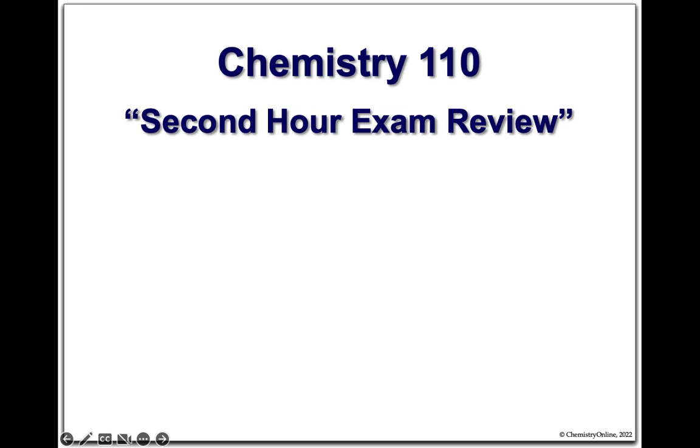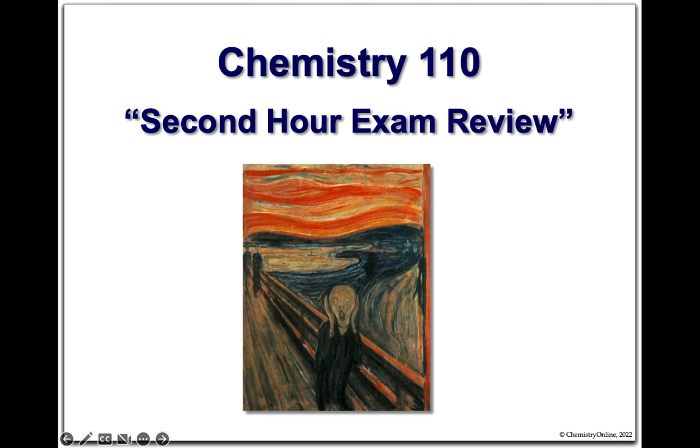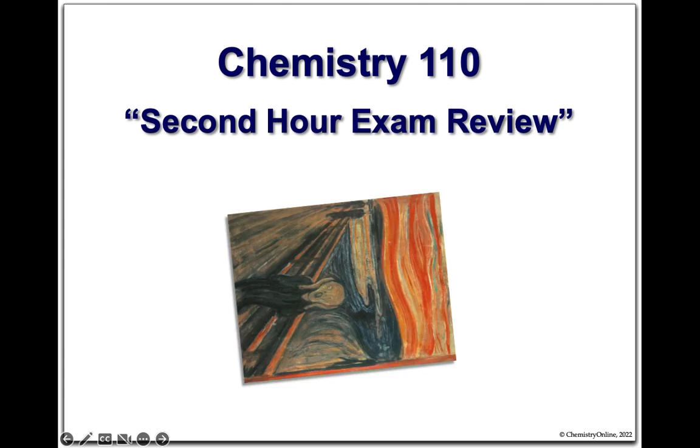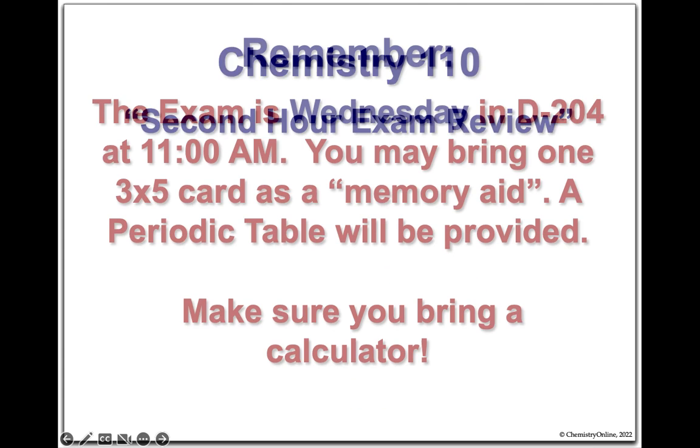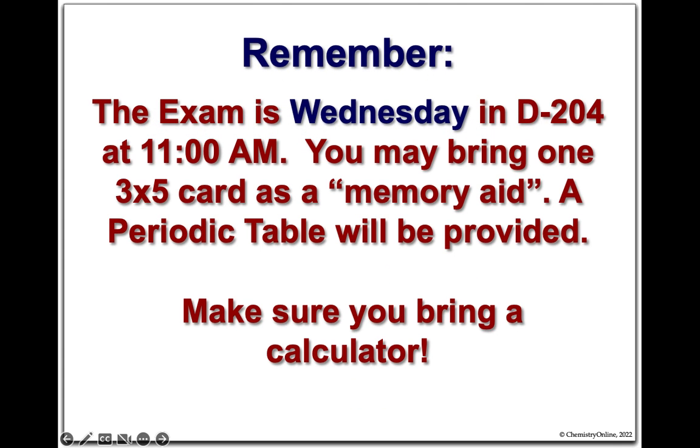All right, well, today is second hour exam review. That means the second hour exam is coming up. By coming up, I mean it's Wednesday, so that's like the day after tomorrow. Please remember that. It's in the lab room, D204, 11 o'clock.